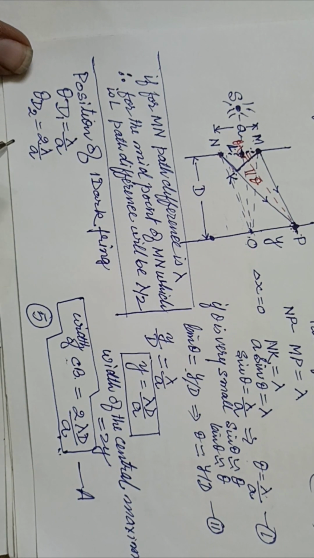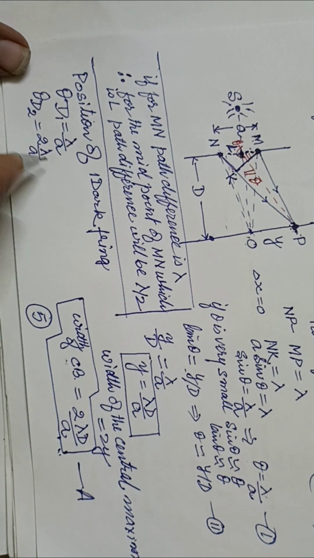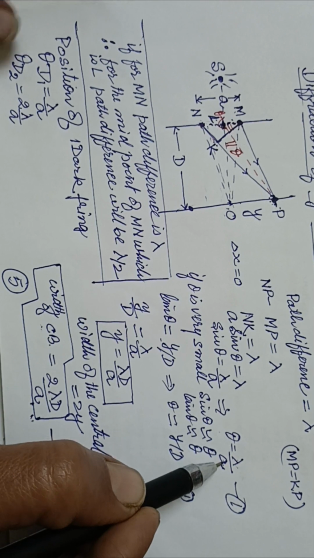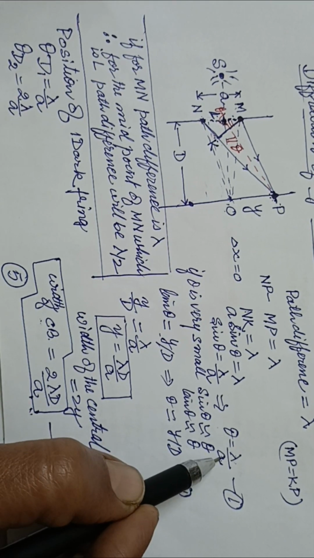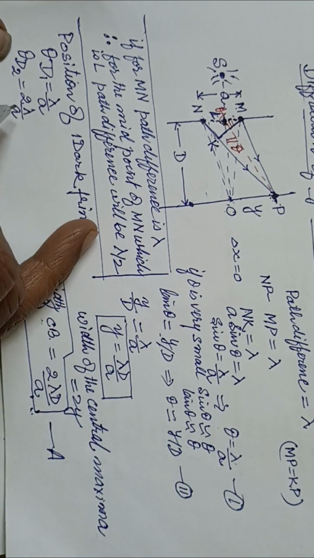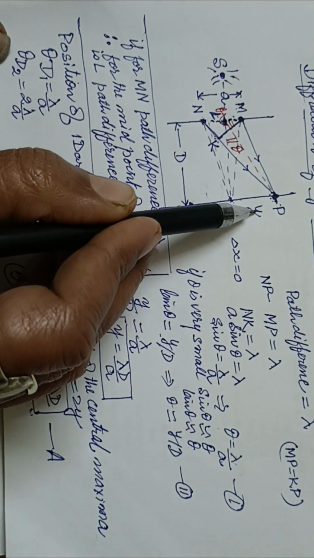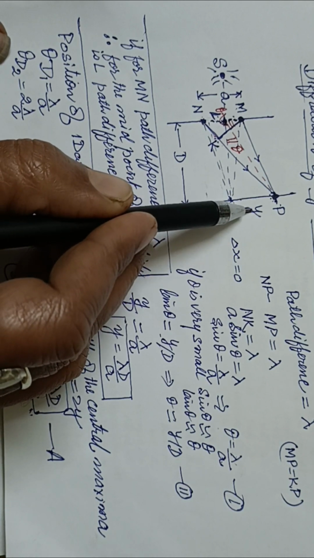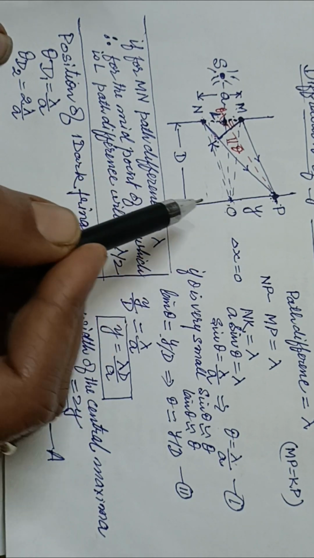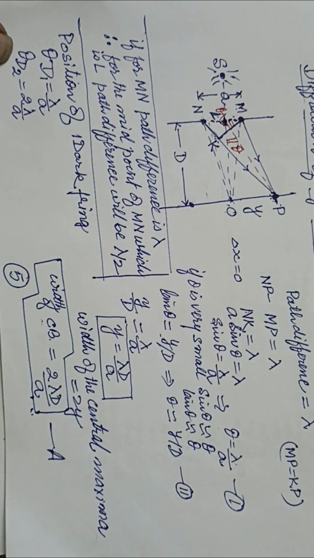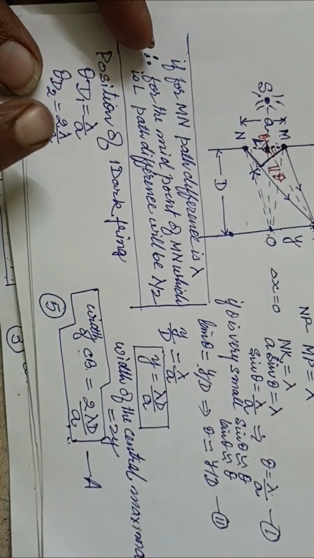This will go on, and the respective theta will also be like that: for the first lambda by a, for the second 2 lambda by a, and respectively we can get the y also. When we calculate y accordingly, it is this upon this. Till here it is clear.